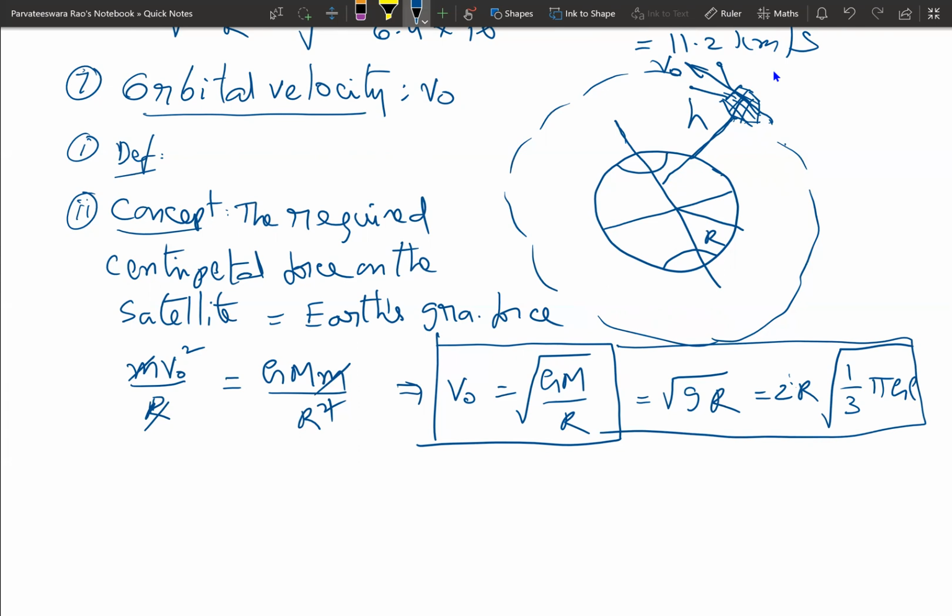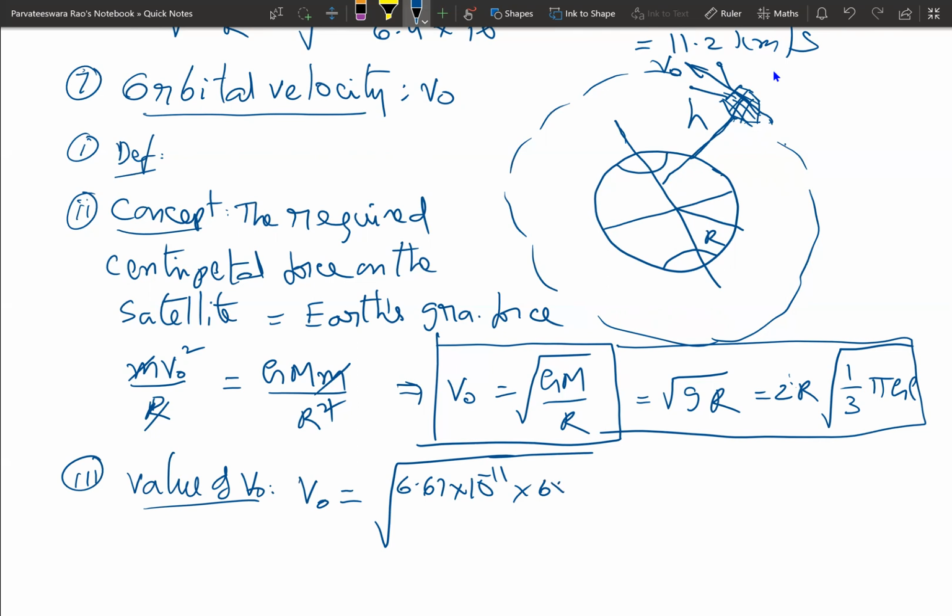So if you substitute the values, we will get V naught is equal to root of 6.67 into 10 to the power of minus 11 into 6 into 10 to the power of 24 by 6.4 into 10 to the power of 6. This will come to nearly 7.99, about 8 into 10 to the power of 3 meters per second, or 8 kilometers per second.